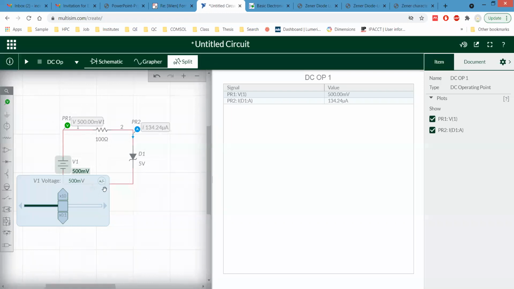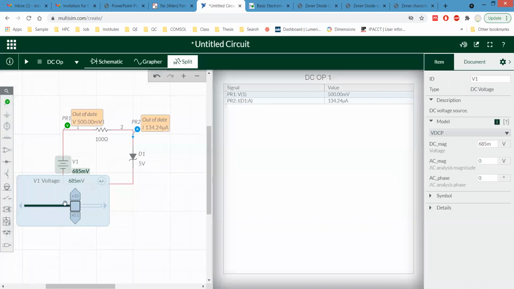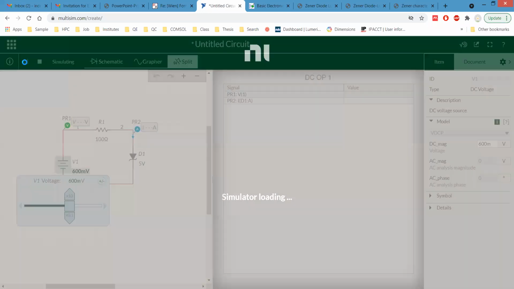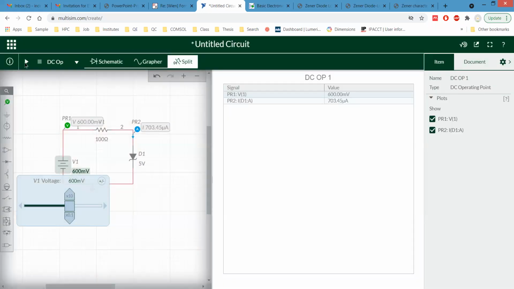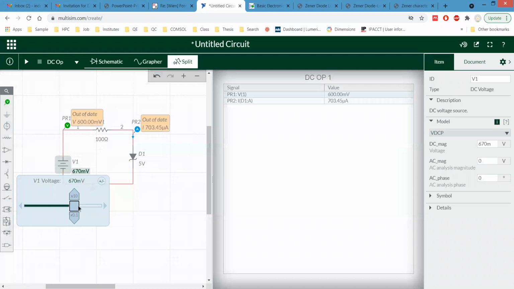Okay, and now for 600 millivolt, yes, the current is 703 microampere. And let's check for 800.